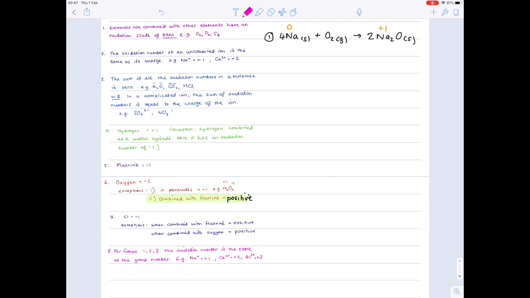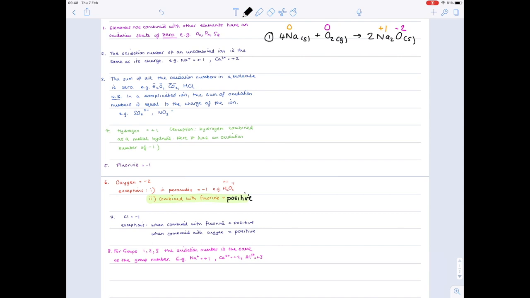Looking at oxygen now, oxygen is an element not combined with any other elements. According to rule 1, its oxidation state is therefore 0. And then combined with sodium, as sodium oxide, we know according to rule 6 that it has an oxidation number of -2. And do check that the overall net charge is 0 on these things to make sure you're doing it right.